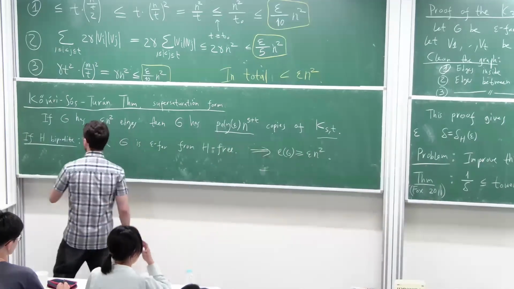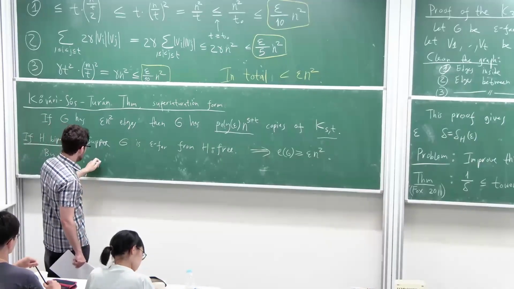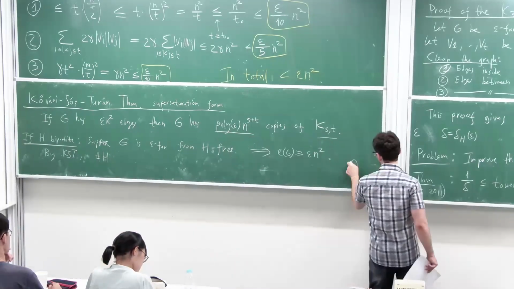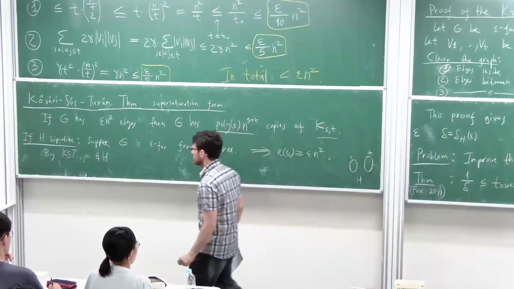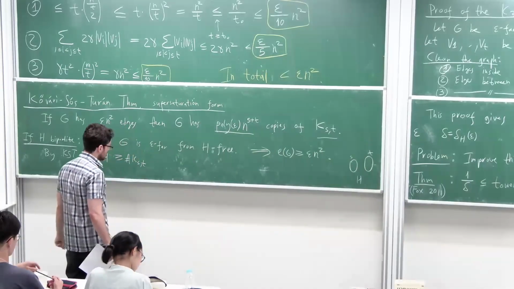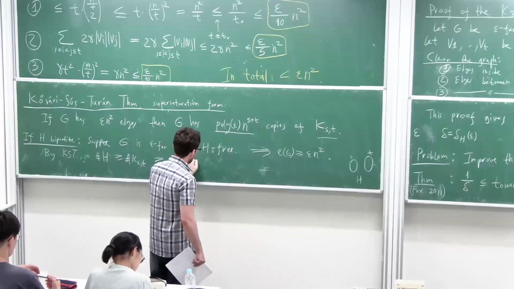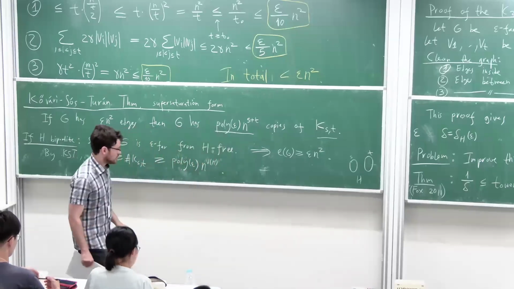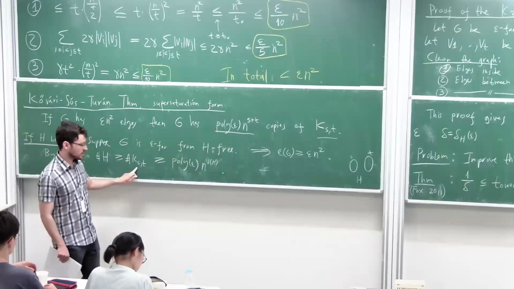And so by the supersaturation theorem, if H has s vertices in one part and t in the other, the number of copies of H is at least the number of copies of K_{s,t}, which is poly(epsilon) times n to the number of vertices, just because H is contained in K_{s,t}.